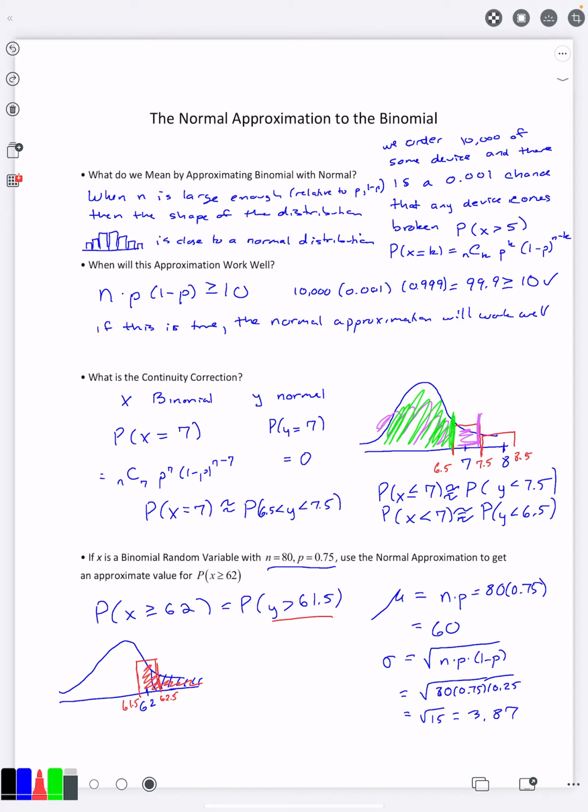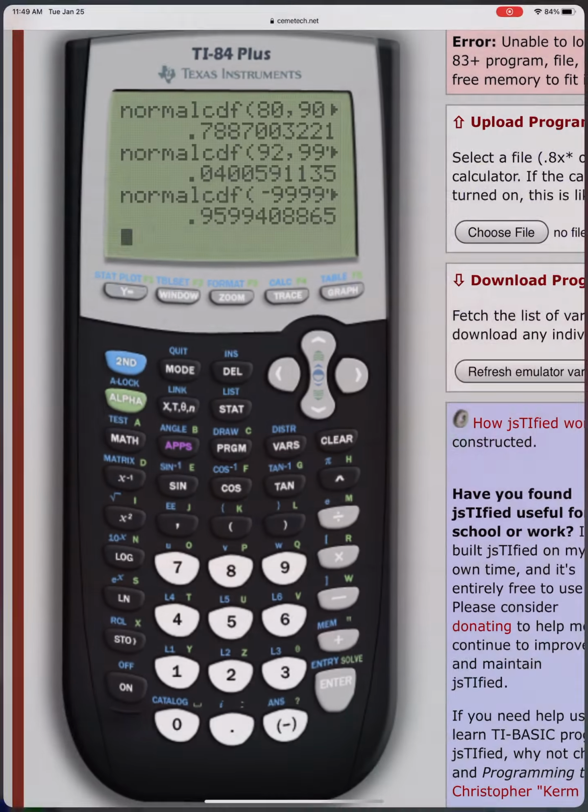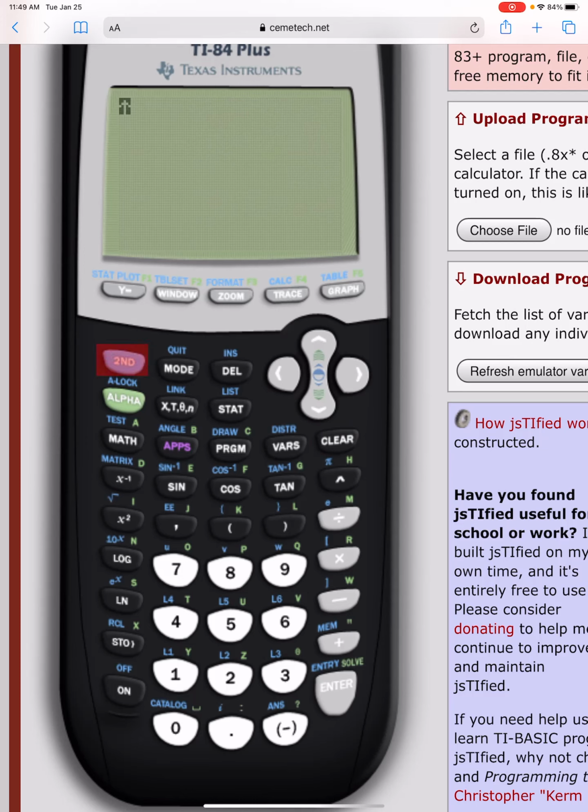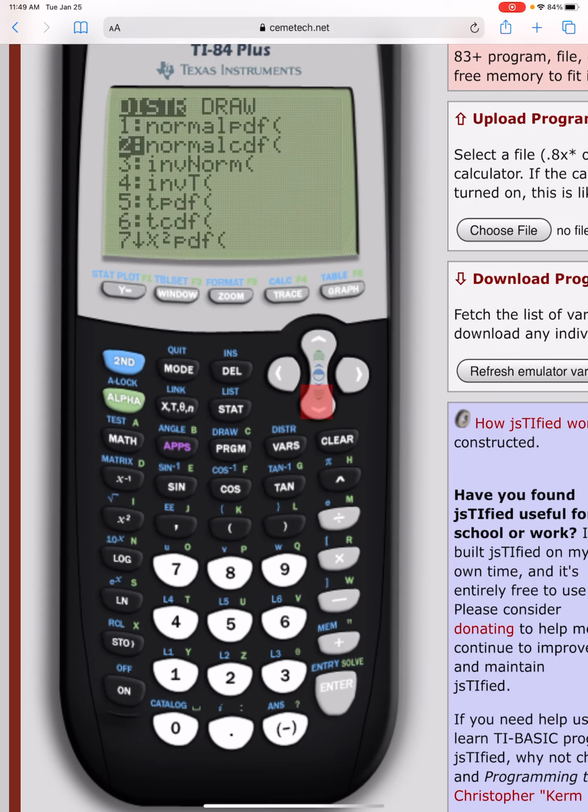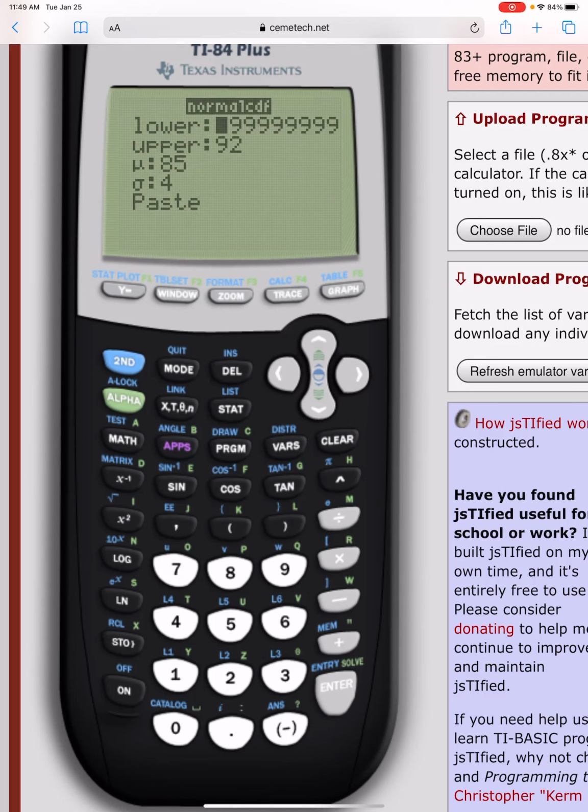Let's put that into our calculator. Mean 60, standard deviation 3.87, and the x value bigger than 61.5. So we go into distribution, normal CDF for this. I want to start at 61.5. I want to go on forever, so essentially infinity.